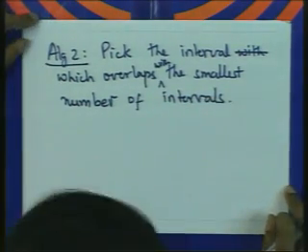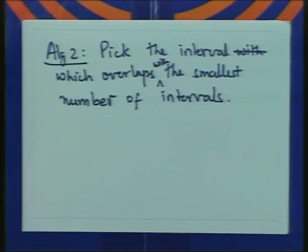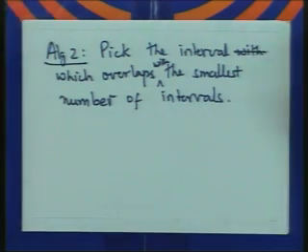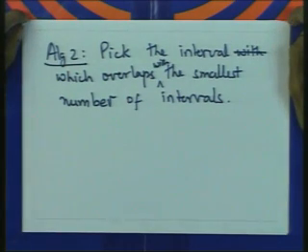So you see that the first algorithm fails. You construct an example where the algorithm fails, and here is an algorithm that at least works on that example. And it seems fairly reasonable also that you pick an interval which overlaps the smallest. So when I pick this interval, I throw away the smallest number of intervals, and now I recurse.